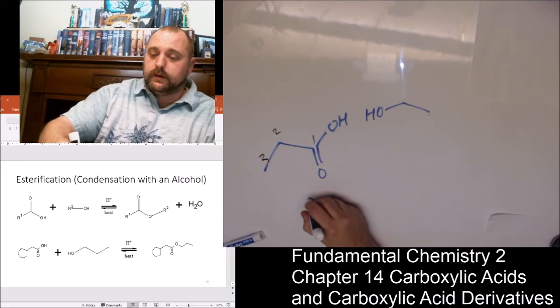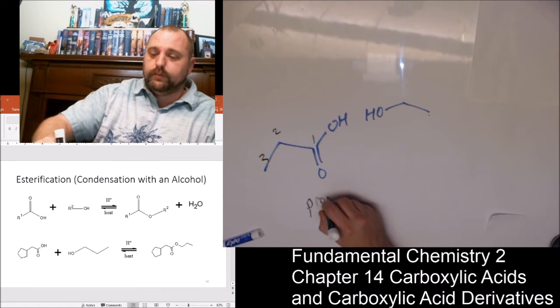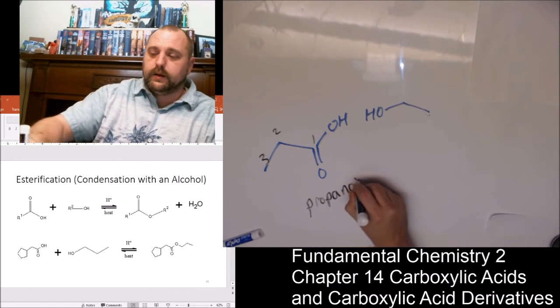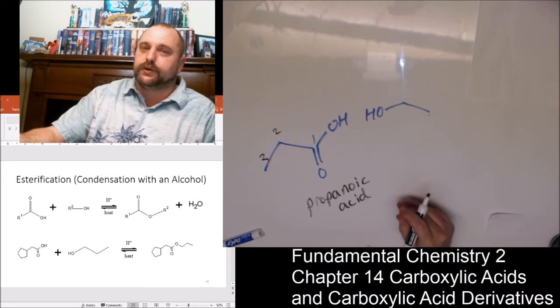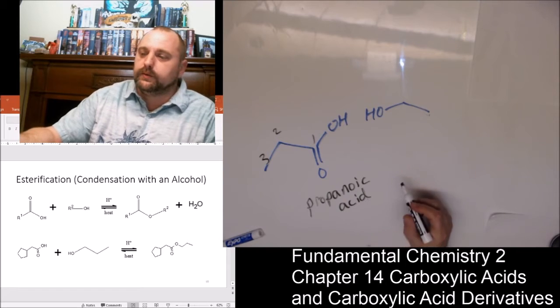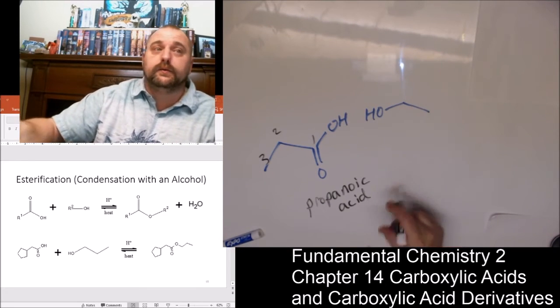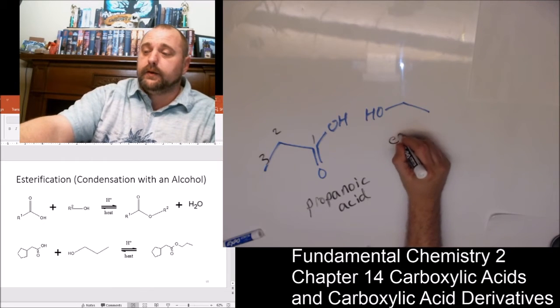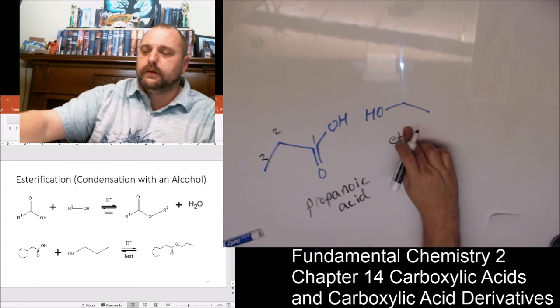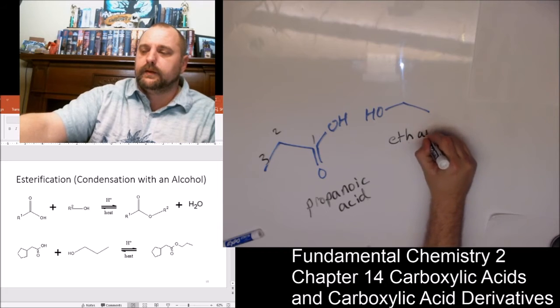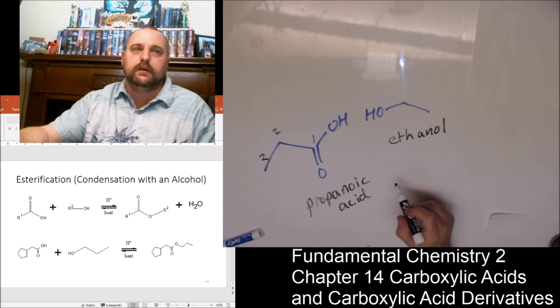This is propionic acid. I'm not even going to try and spell it, it's always fun. Just remember that you can memorize the P part for multiple choice. All right, so this is our ethanol, or ethyl alcohol. I cannot spell it.